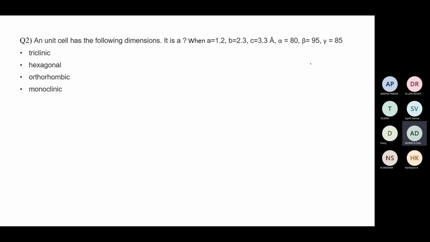What is a unit cell? Anyone have any answer? Is it the smallest atom in the crystal?